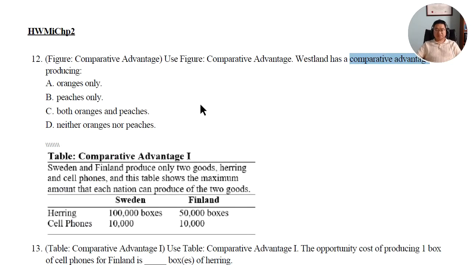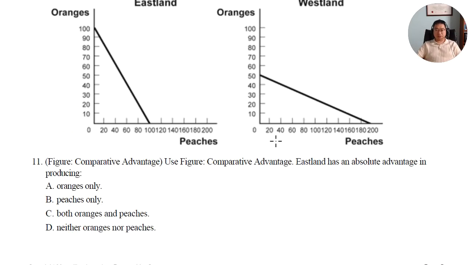Okay, an economy can have absolute advantage in both products. For example, I can set, for Eastland, it produces something like 100 oranges and, let's say, 300 boxes of peaches.